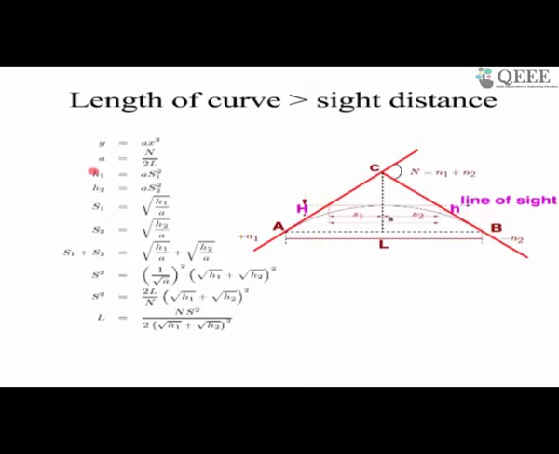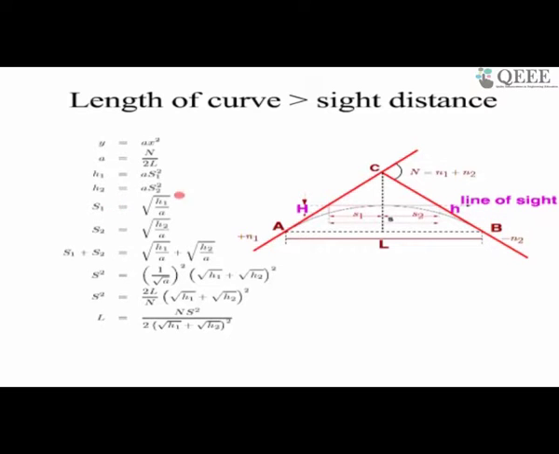Now this capital H, in this equation, is referred to as small h1. So h1 is nothing but a s1 square, where s1 is up to this point. It is coming from this basic equation. And h2, which is small h on this side, is nothing but a times s2 square, so s2 is from here to here.